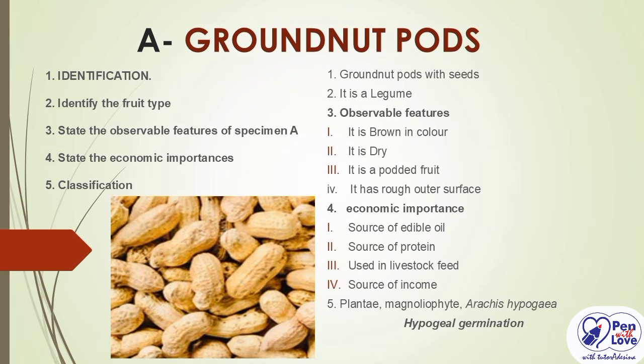They can also ask you to classify specimen A. When you're asked to classify specimen A, majorly at this level, they normally ask about the kingdom, the phylum or division, and probably the scientific name. So these are the things you have on your screen. The kingdom is Plantae.